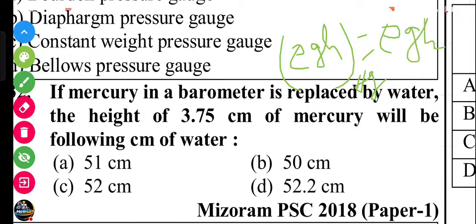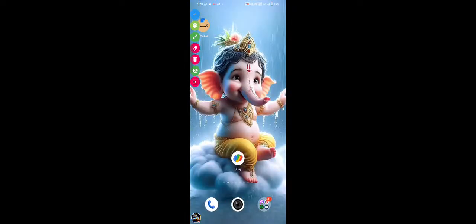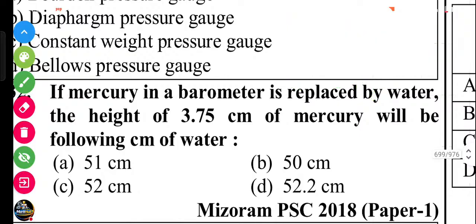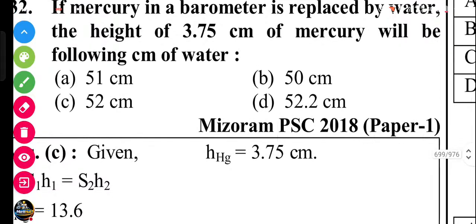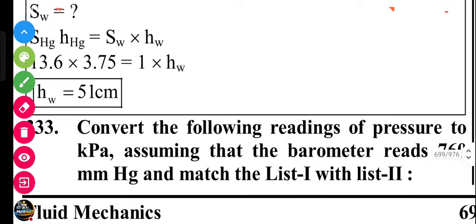Here we put the h equal to 3.75 centimeter, and the ρ is 13,600 into 1000, and g equal to 9.81. Then you get the answer. Here is the answer, 51 centimeter.